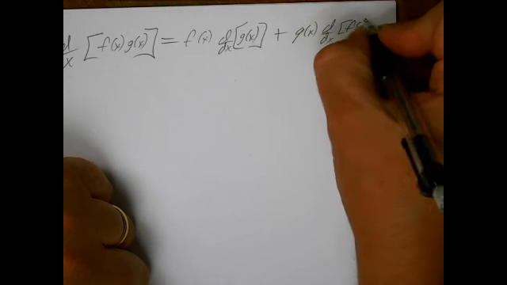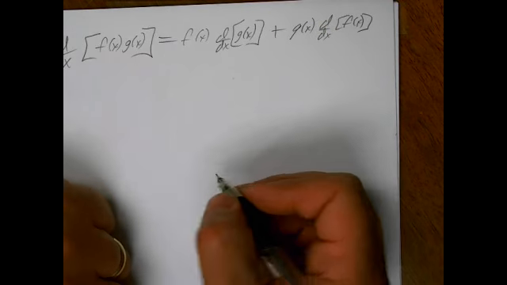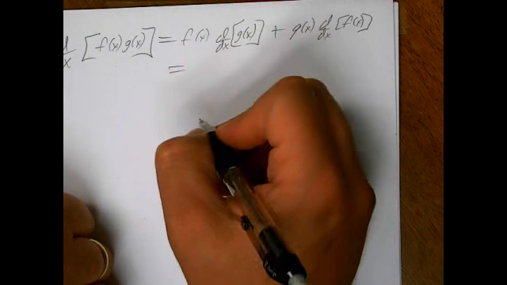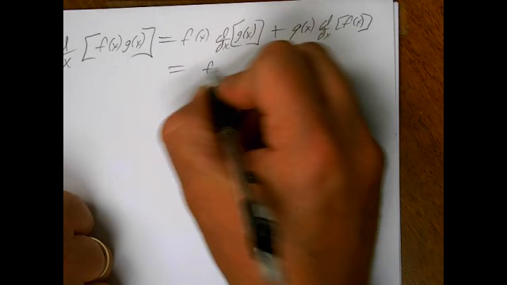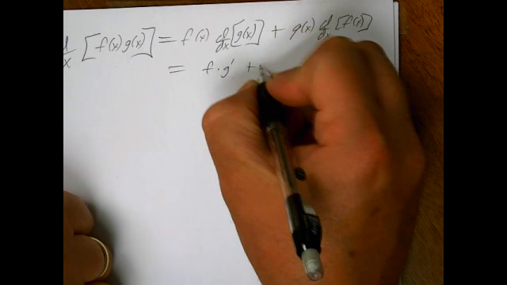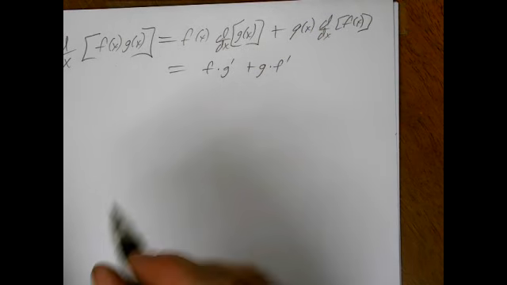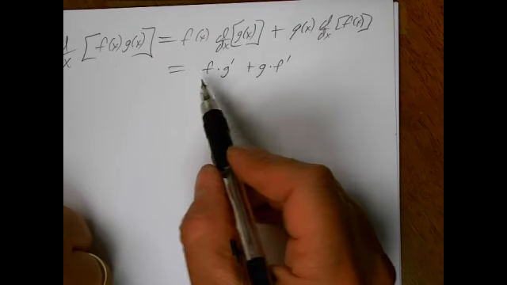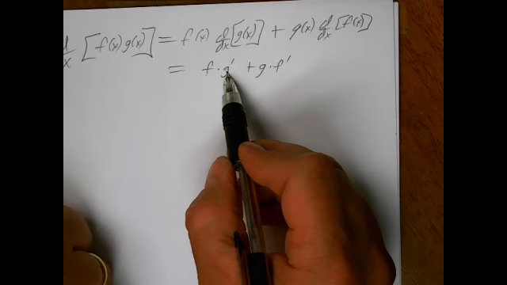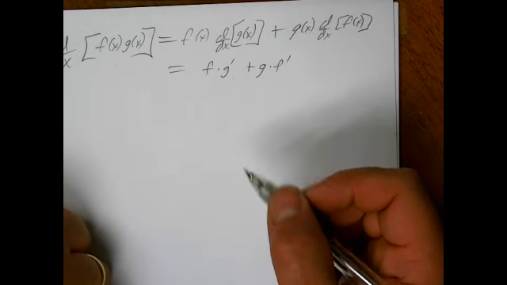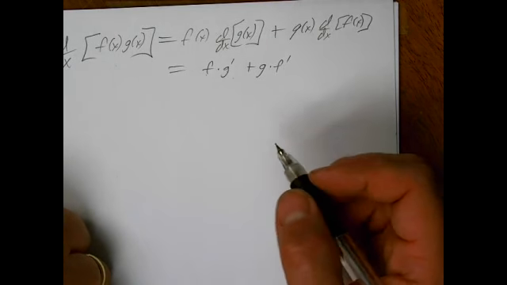And that is honestly a very confusing way to write it. A better way to write it, I believe, is f times g prime plus g times f prime. I think that just is faster. Most people memorize it by saying first times derivative of second plus second times derivative of first. That's the way it's most often done.